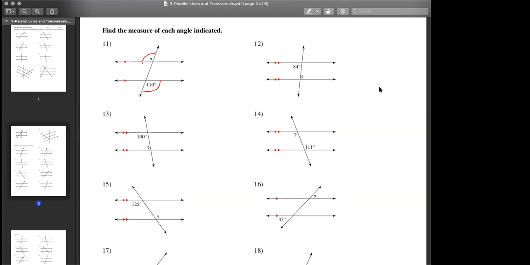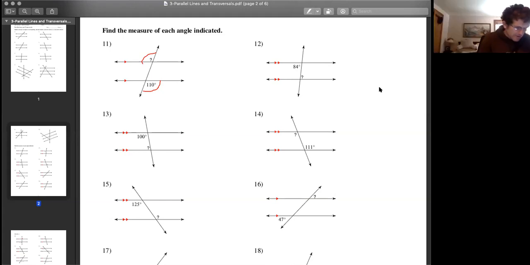Alternate exterior angles. There you go. It's almost the same diagram we just had. So it's alternate exterior angles. And you can do this one of two ways. You could memorize that rule that says that alternate exterior angles are congruent, or you could just look at this and say, well, I know I'm dealing with a transversal and parallel lines. These are both obtuse, greater than 90 degrees.